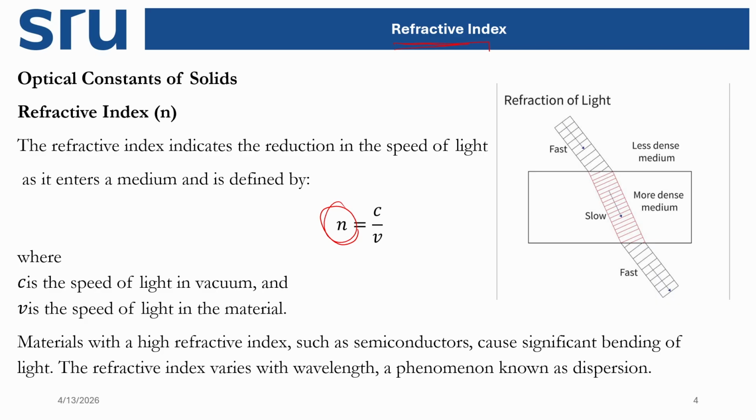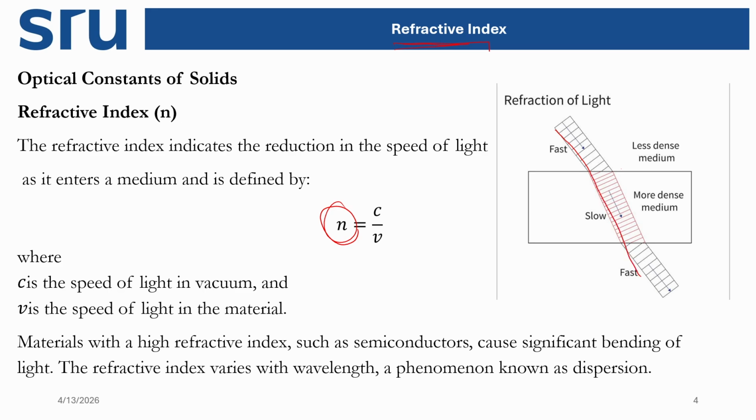Let's say this is our sample, and light is coming from this side. Then this is the speed it shows, then it decreases a little bit, and then it goes out again with the same speed after passing through the material. Consider a straight line here.